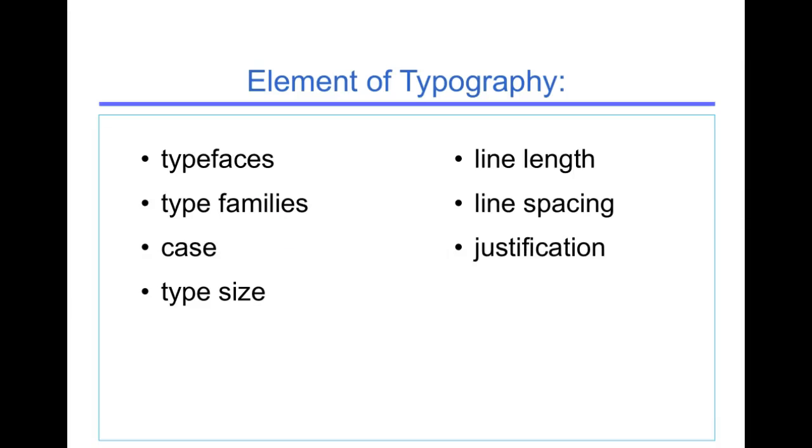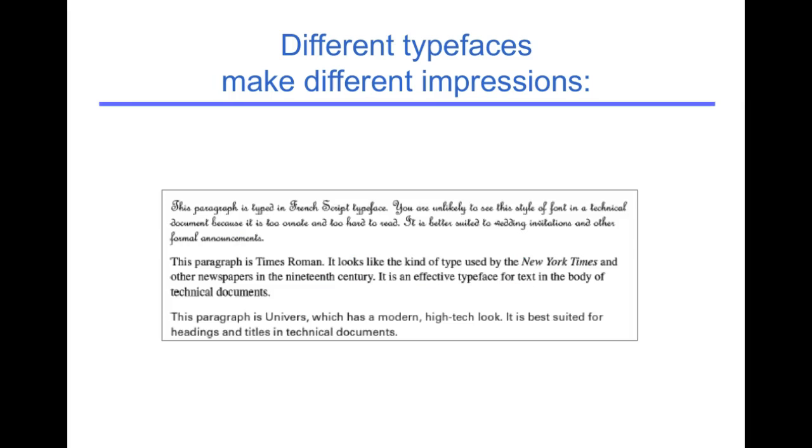There are different types of typography, and these are some elements of typography. There's typefaces, type families, case, type size, line length, line spacing, and justification. And we're going to go into these a little bit in depth here. There are different types of typefaces, and they make different impressions.